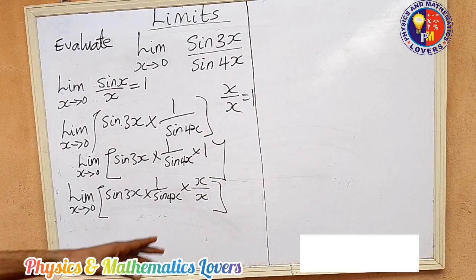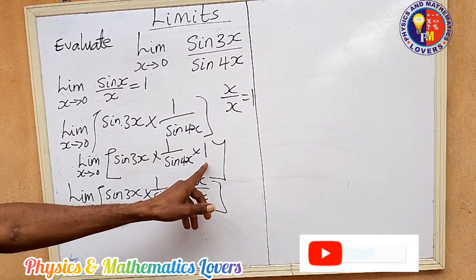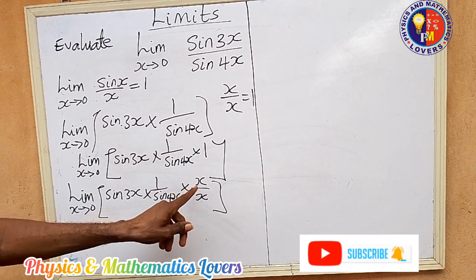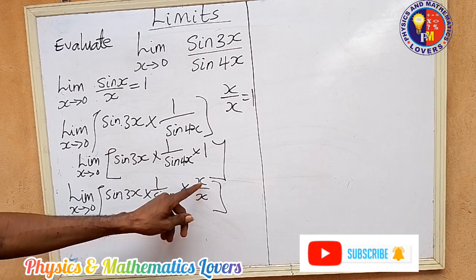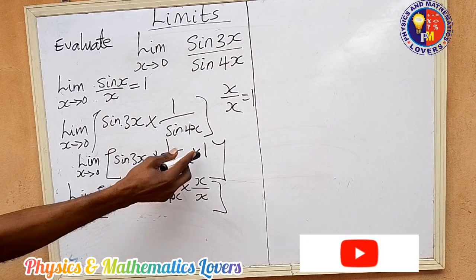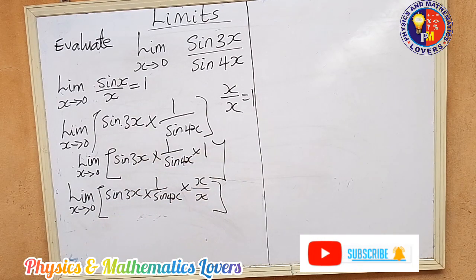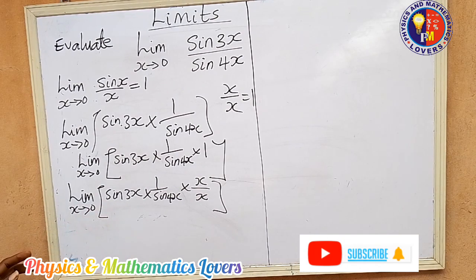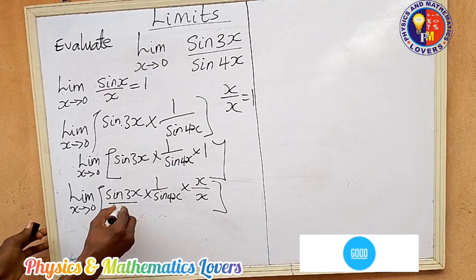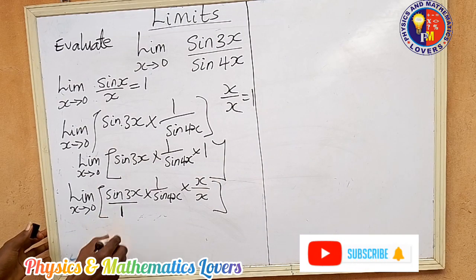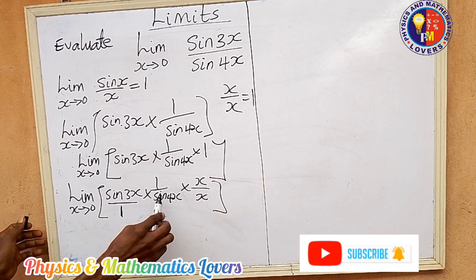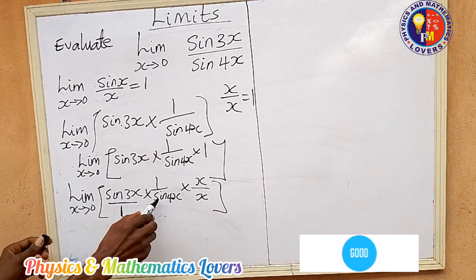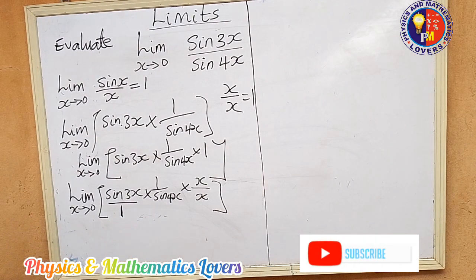Now this becomes like this, because this one that is here I replace with x over x, and x over x is 1. Since all these are multiplying, I am going to bring this one here, sitting as sine 3x over 1, then 1 over sine 4x.